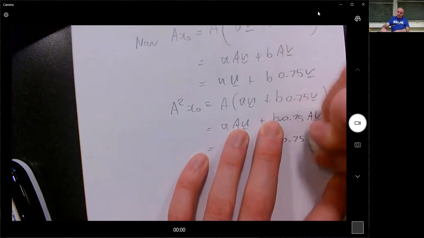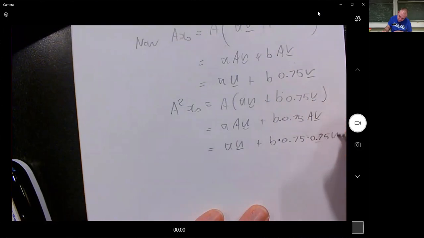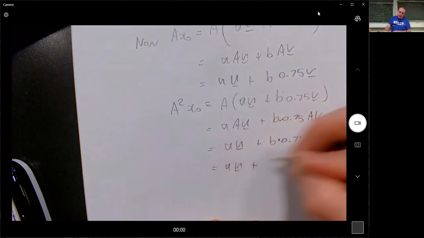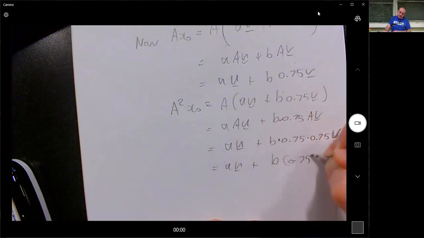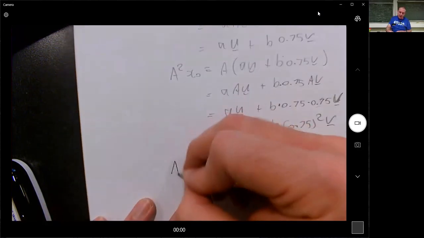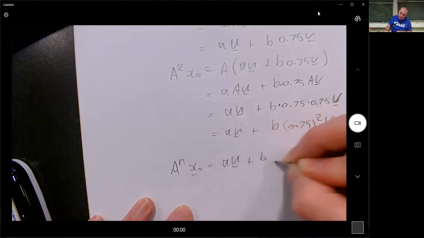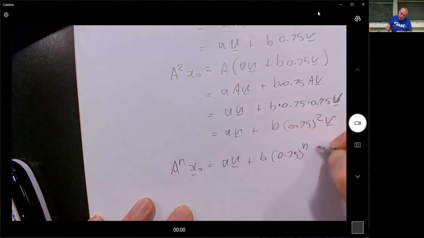Just absolutely clear. So I'm going to get au plus b times 0.75 squared times v. And so this would continue forever, right? A to the power of n times x naught would come out to au plus b 0.75 to the n v.